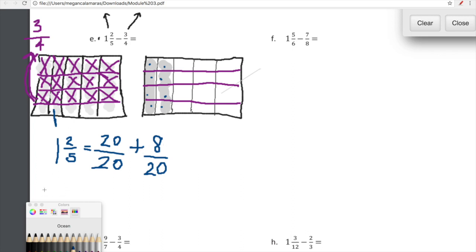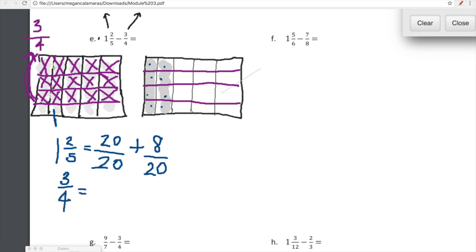Okay, and then 3/4, remember that purple, this 1, 2, 3 rows. 3/4 is equal to 1, 2, 3, 4, 5, 6, 7, 8, 9, 10, 11, 12, 13, 14, 15. That's the purple.